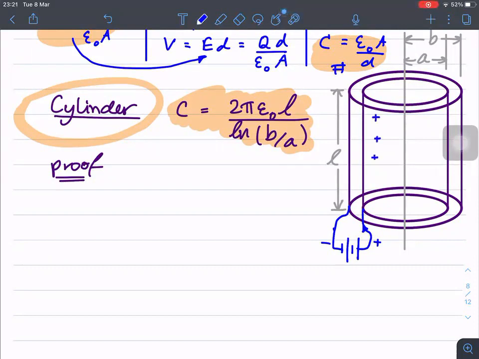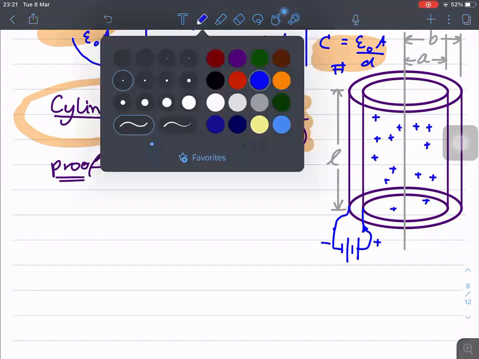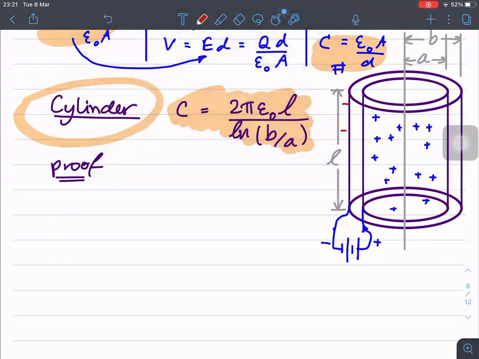Okay, so we have positive charge on the inner plate of the cylinder, and we have negative charge at the outer plate of this cylindrical capacitor. Then we can show that the electric field would be in the direction coming out from the center. Okay, so this is coming out from the center.